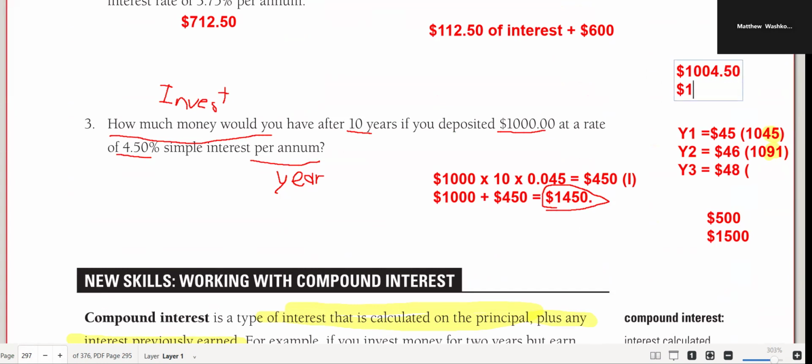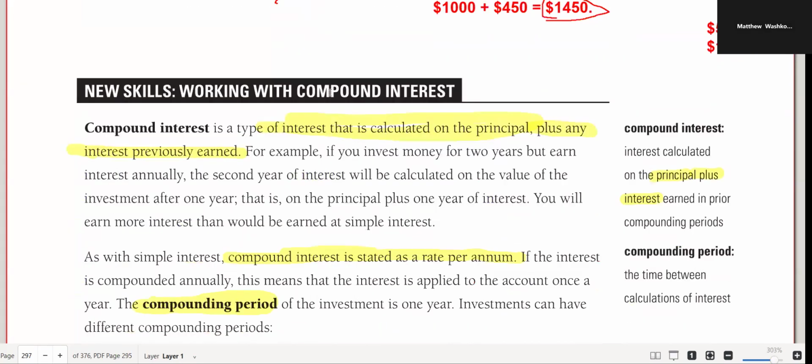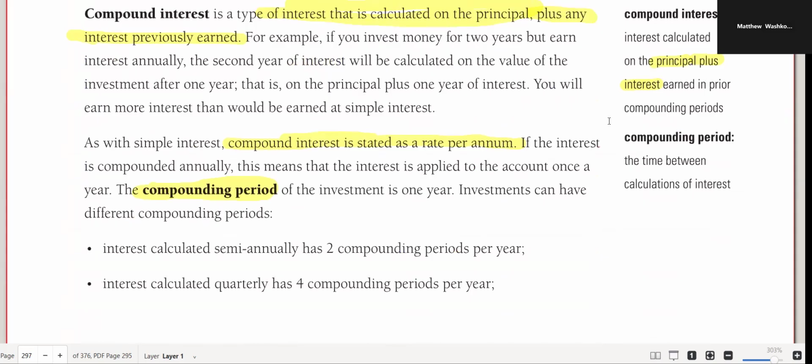Then maybe month 2 is $1,000 and $9.20, and so on and so forth. And eventually, after year 1, I might have $1,047.50. So how frequently you compound matters here. That compounding period is important because it is the time between the calculations of interest.